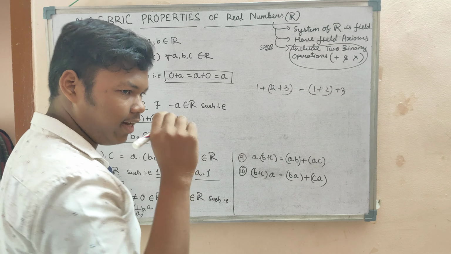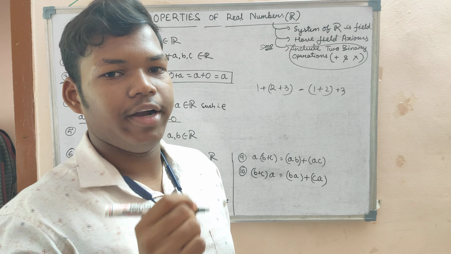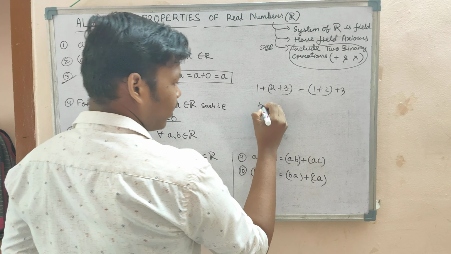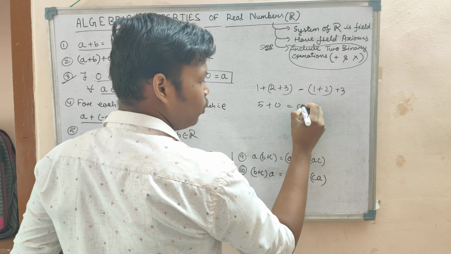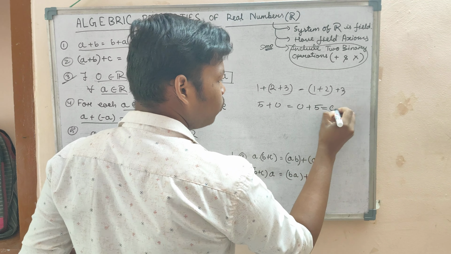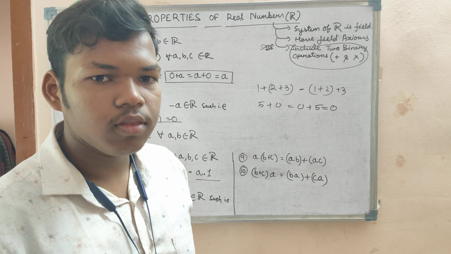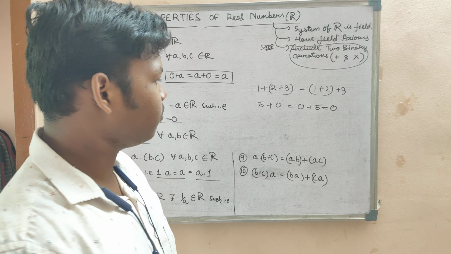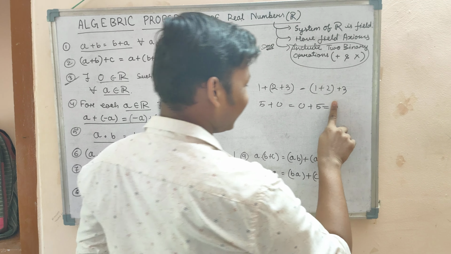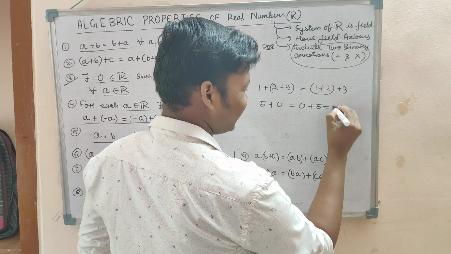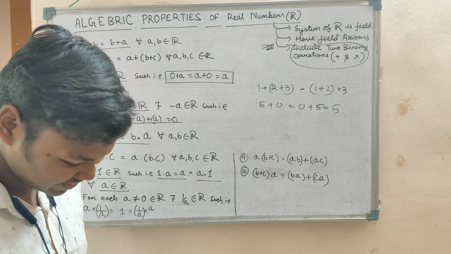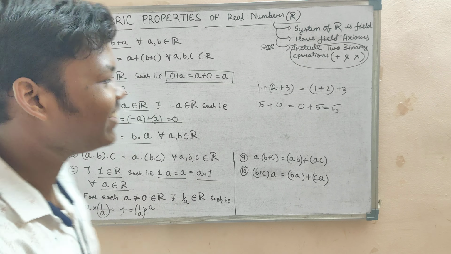It means if you add any number with 0, it will give the same number. 5 plus 0 is equal to 0 plus 5 is equal to 5. Sorry, small mistakes happen.